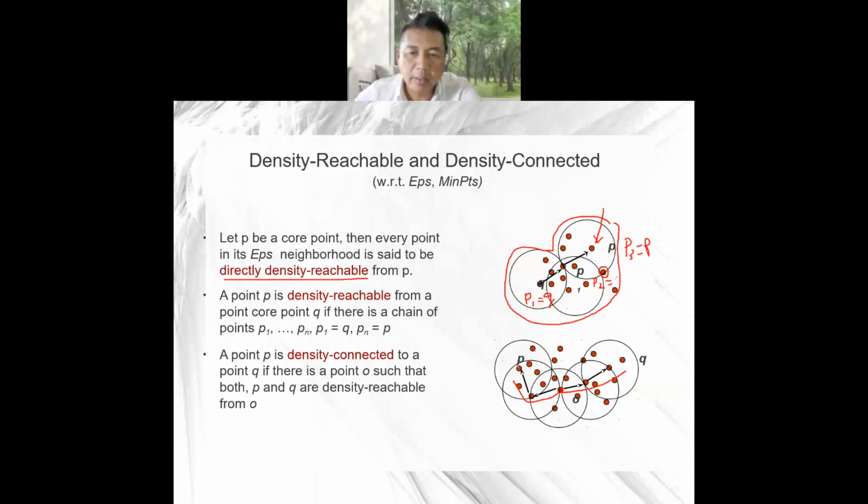If we go here again, it has more than 4 members here. So all of this will be considered as one cluster. It goes to one item at one time and looks at the surrounding. So all the core points will be connected and they form the cluster.